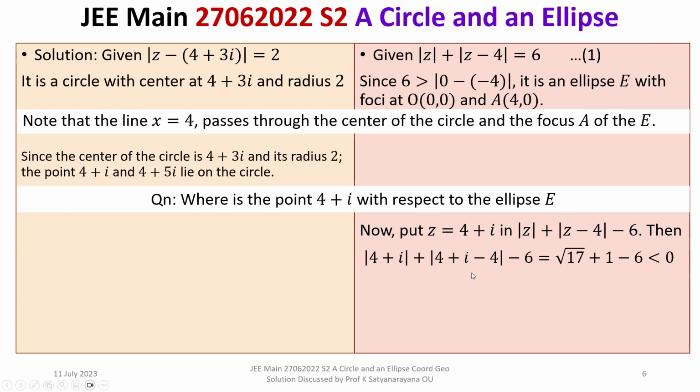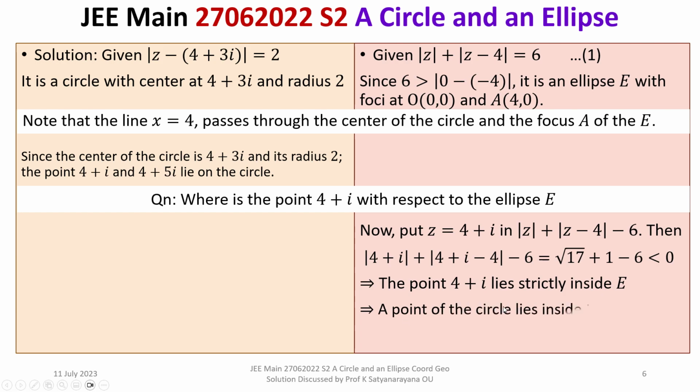Negative means the point 4 plus i lies strictly inside E. So a point of the circle lies strictly inside the ellipse E.